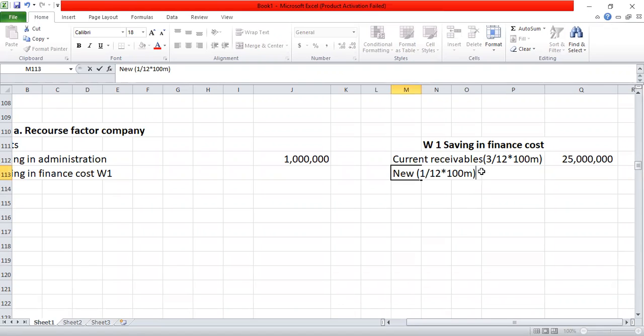Then we are having 75% of the receivable being taken, plus 3 over 12 times 25%.